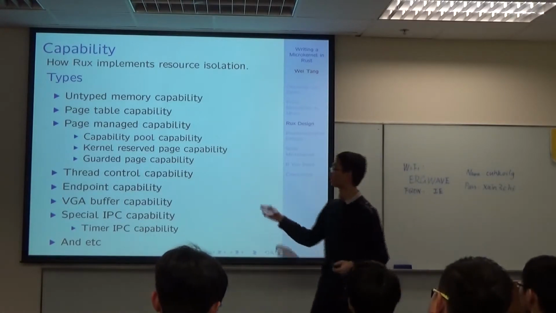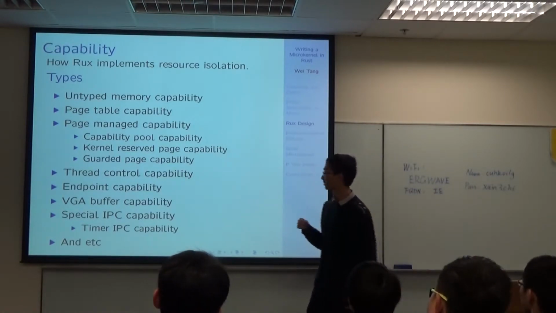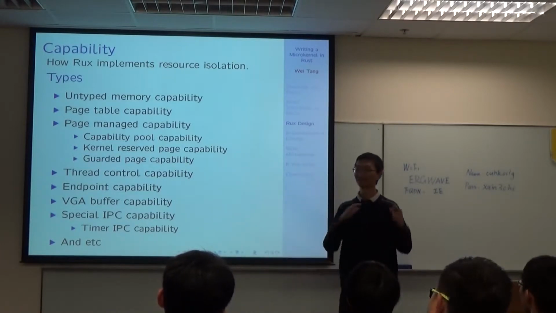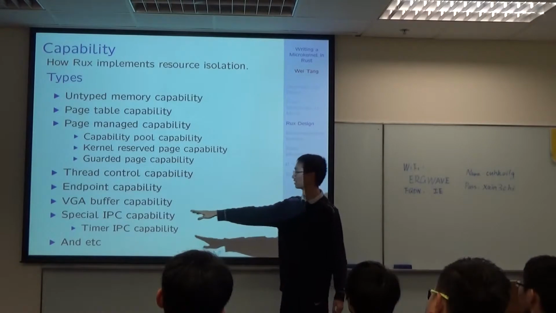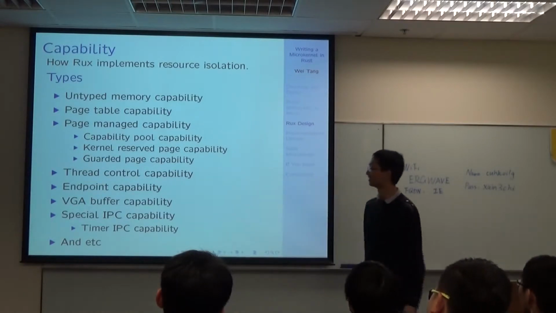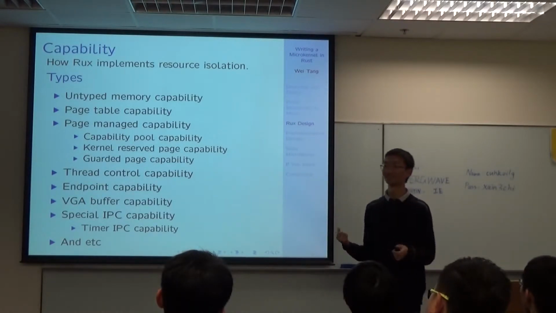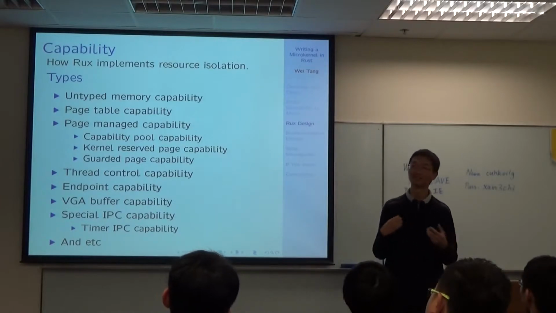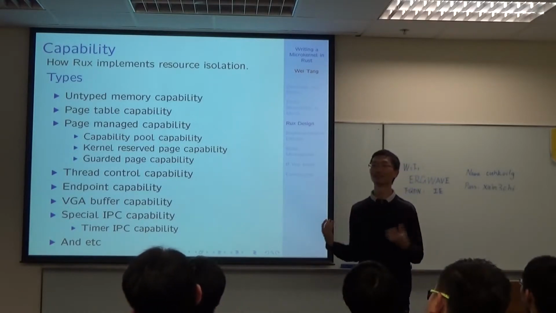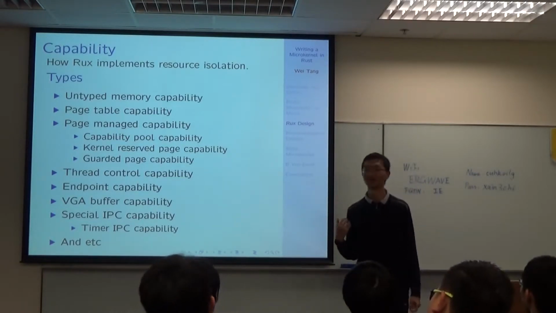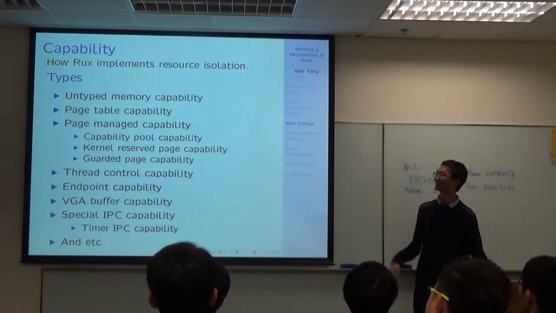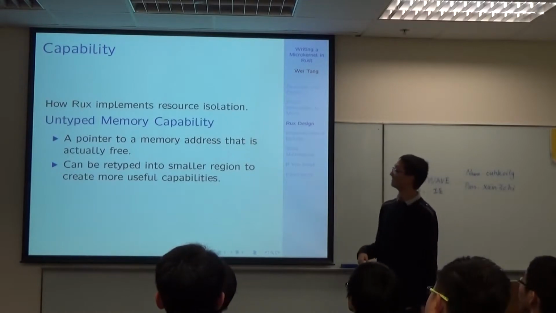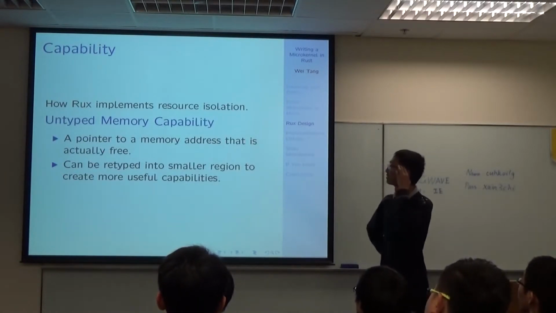If the kernel receives a timer interrupt, it will give control to a thread who owns this timer IPC capability, and then that thread can decide whether it wants to delegate that CPU time to other threads to manage scheduling, and other things I haven't designed. Yeah, the most important thing is the untyped memory capability.